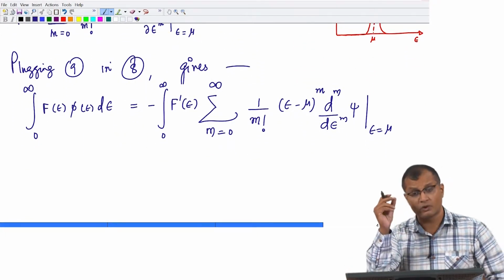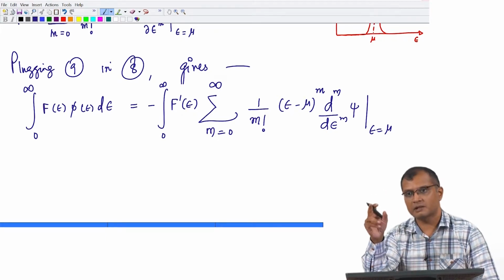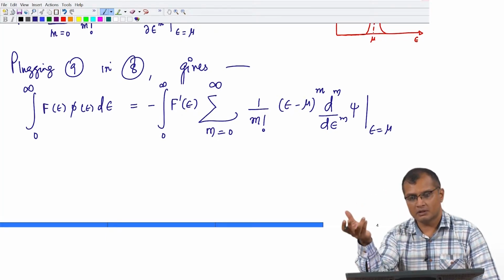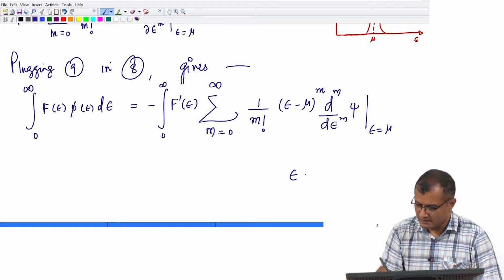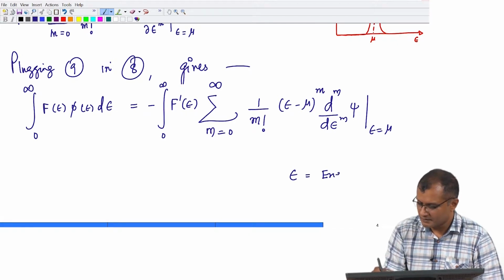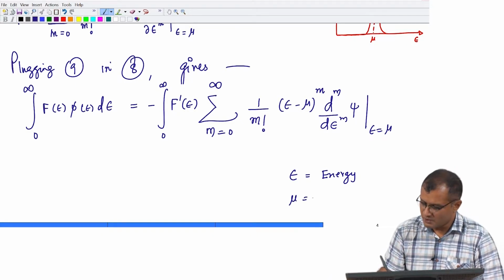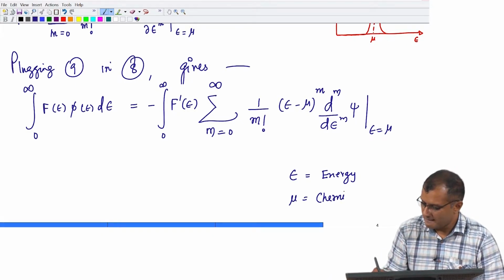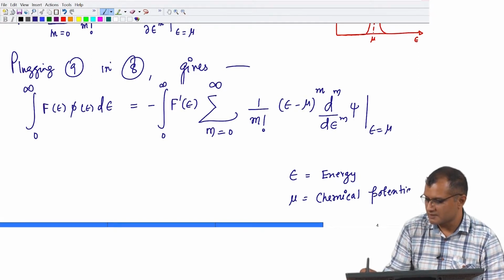And at this point I would like to remind you, this mu is the chemical potential. The distinction of chemical potential from Fermi energy is only at non-zero temperatures. Like I have already shown, E is our energy that can take values between 0 to infinity. Mu is our chemical potential which sets the scale of the energy in some sense.